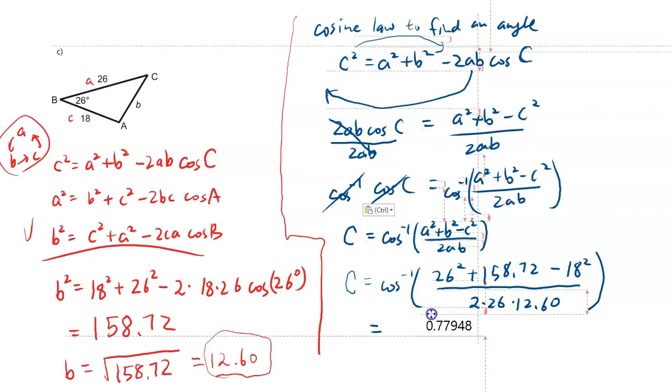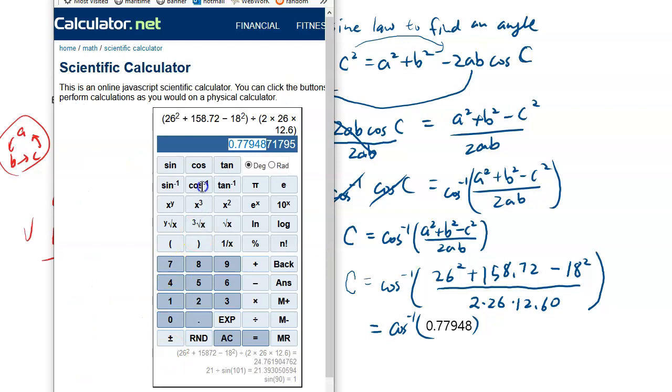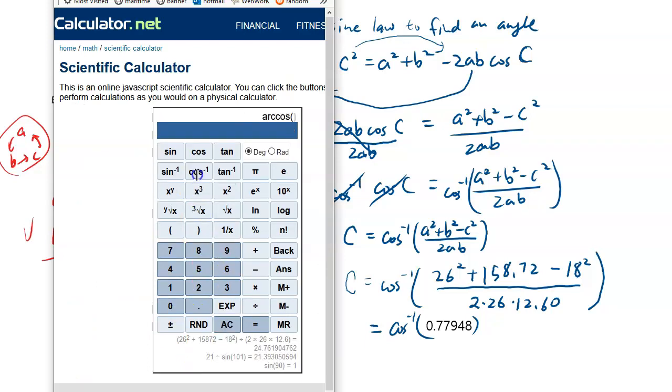And you're taking the cosine inverse of that. Another name for cosine inverse is arc cosine.